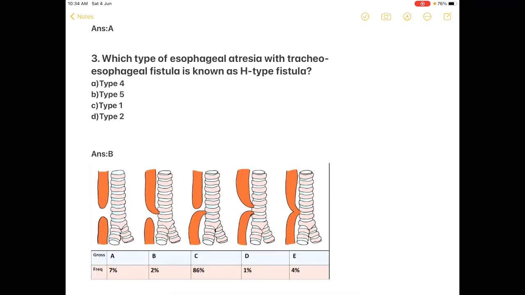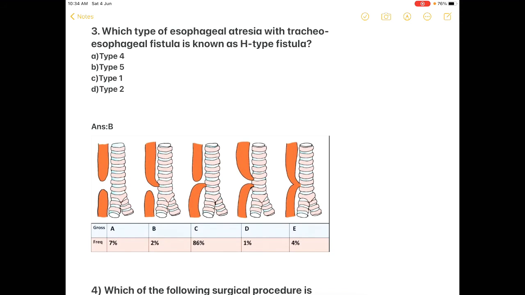Esophageal atresia is a congenital absence of continuous passage of the esophagus from the pharynx to the stomach. As you can see here in figure A, this orange color is the esophagus, whereas the light pink color with the rings is the trachea. In type A, there is a discontinuous passage of the esophagus.